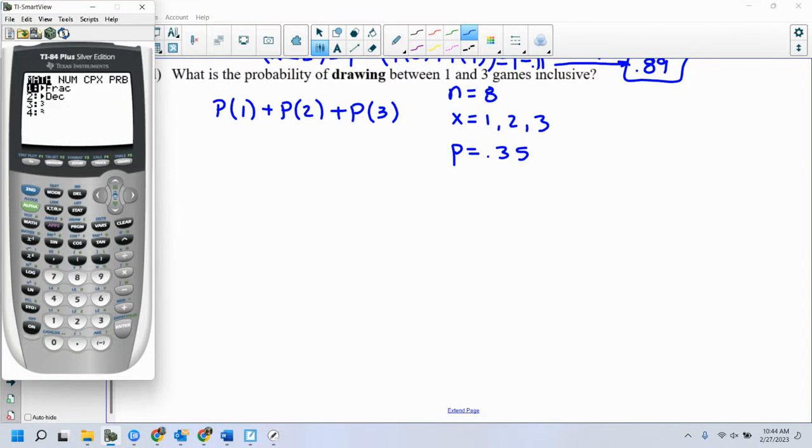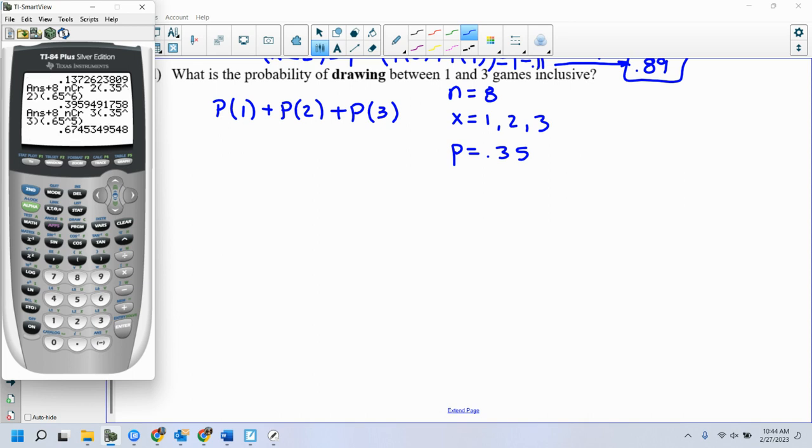Plus 8C3 times 0.35 to the 3rd times 0.65 to the 5th.